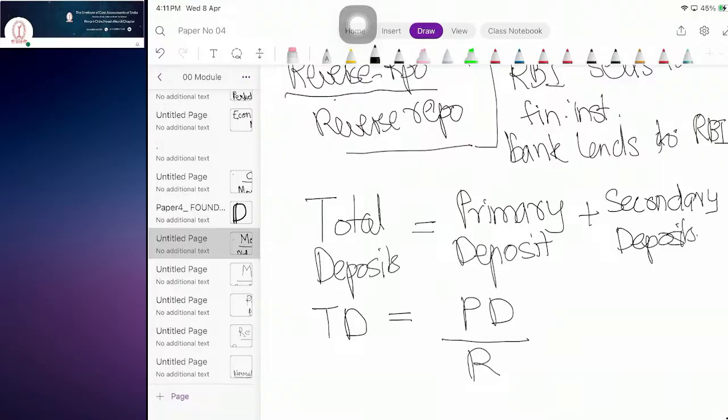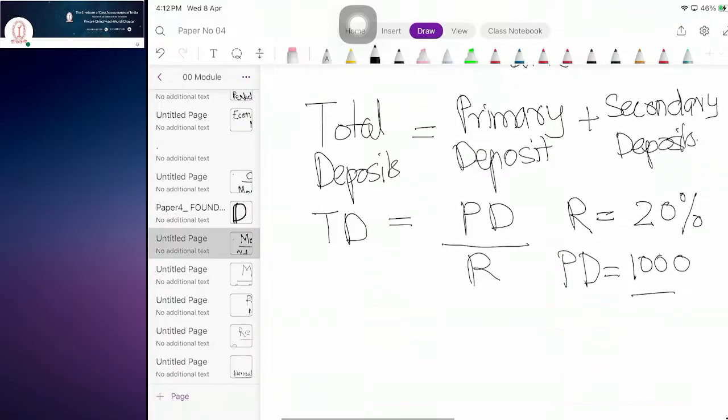So look at the problem. What does it say? The reserve deposit ratio is 20%, and the initial deposit is 1000. Can you calculate what would be the secondary deposits? Use the formula and do it step by step.